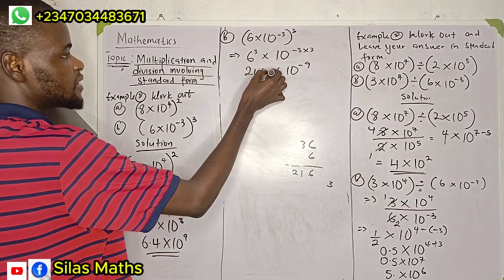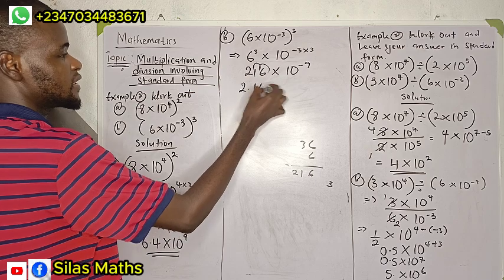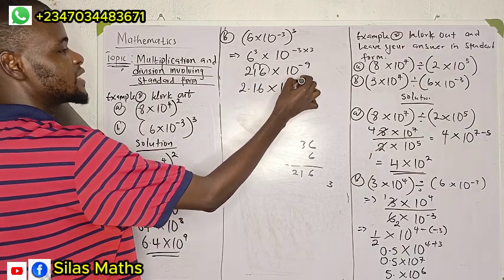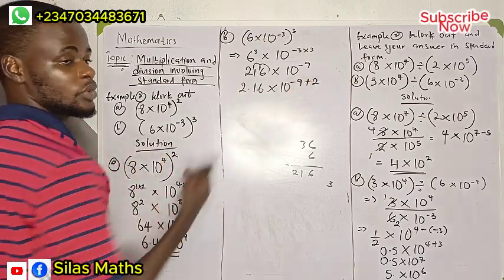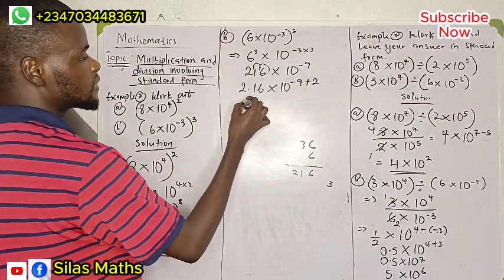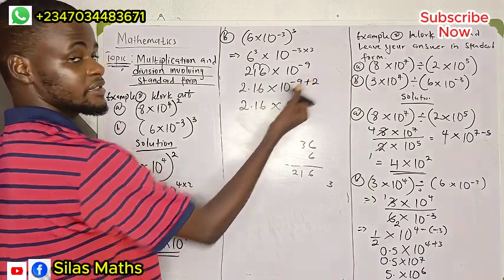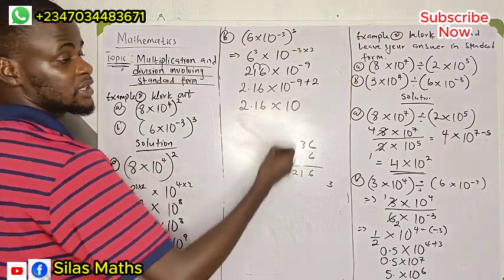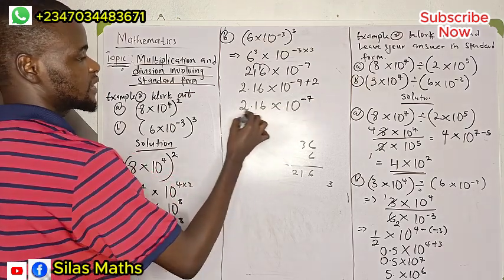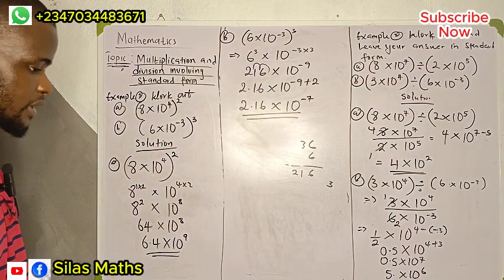Okay, so shifting the point here 1 and 2, so we have 2.16 times 10 raised to the power negative 9 plus the number of times we shifted, this is 2. Okay, so that will give us 2.16 times 10 to the power of negative 9 plus 2 is going to give us what? Negative 7. So that's the final answer in this expansion here, in this expansion.